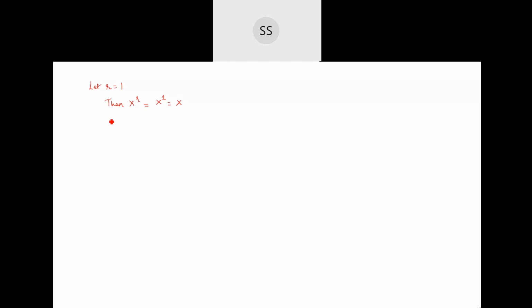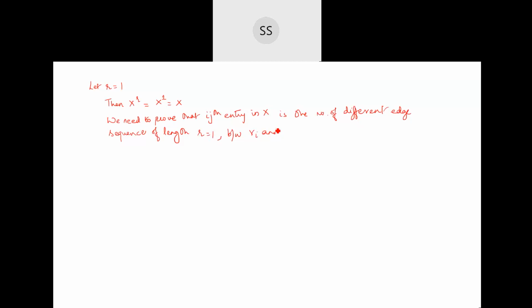We need to prove the theorem: that the ijth entry in x is the number of different edge sequences of length R is equal to 1 between your vertices Vi and Vj.